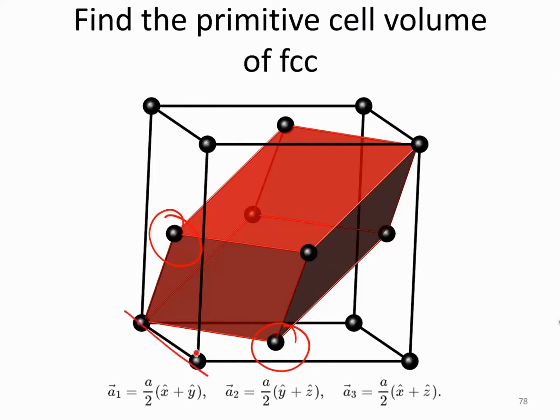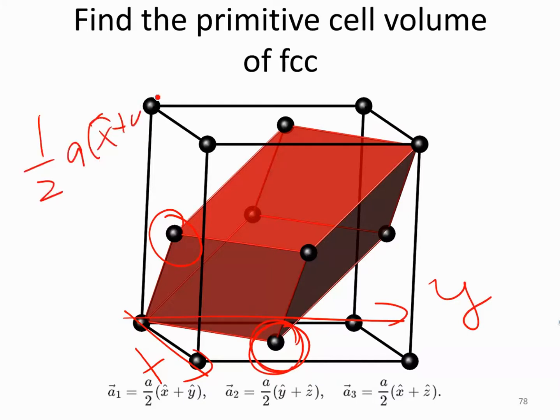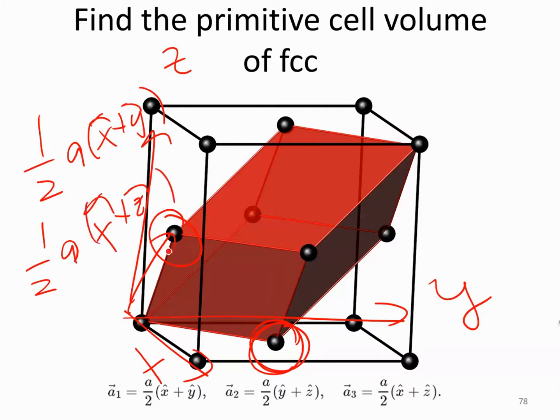If you consider this as x, this as y, then this position is half A (x plus y). And this one is z, so this position is half A (x plus z). Then the other one is half A (y plus z). So you get a1, a2, and a3.